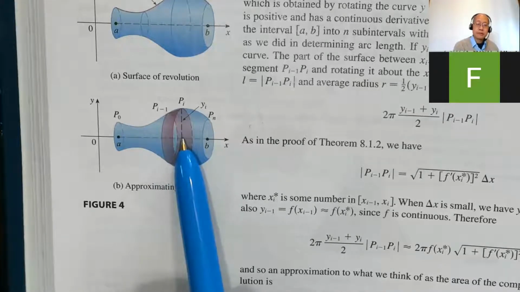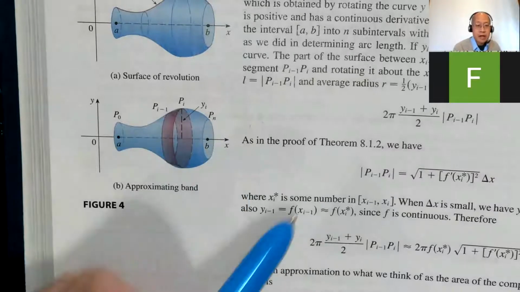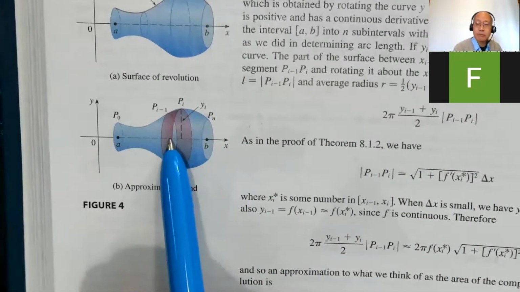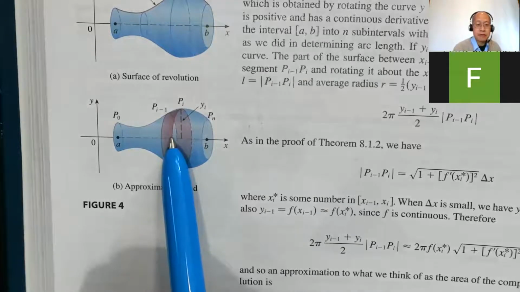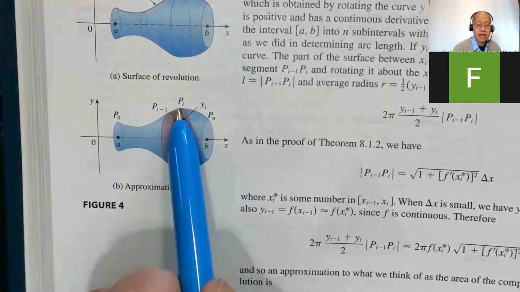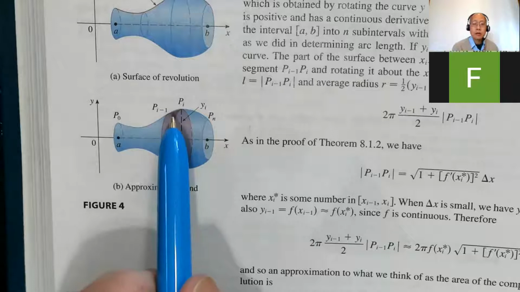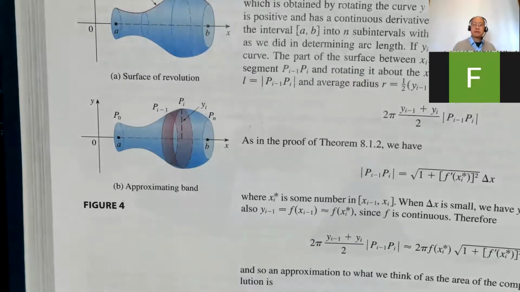But if your slice is very tiny, imagine delta x is 0.0001 meters or whatever, the top and the bottom don't have much of a chance to change. So it's almost a rectangle, which is base times height.